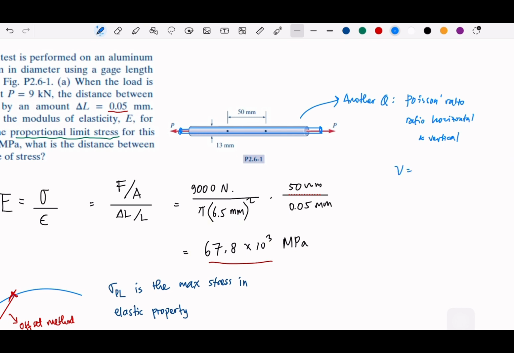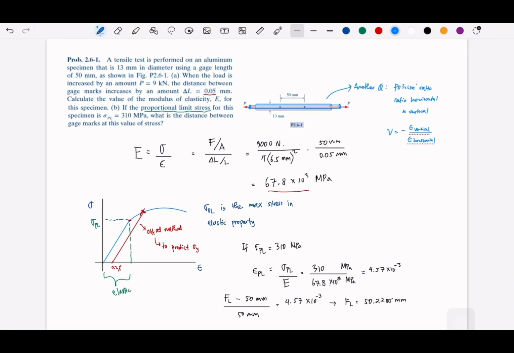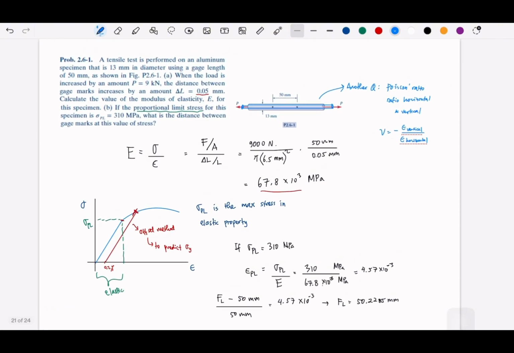So Poisson is negative strain vertical over strain horizontal. As long as we know the changes, I think we could get the Poisson ratio. Okay, so that's the example.